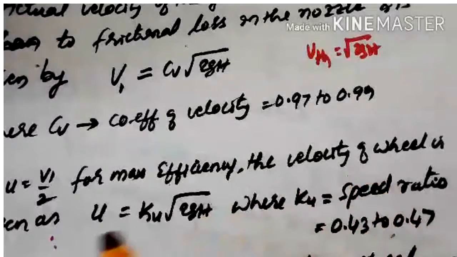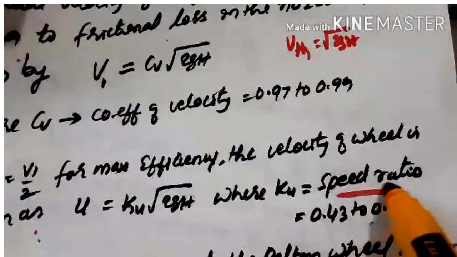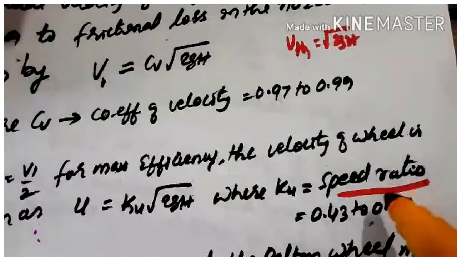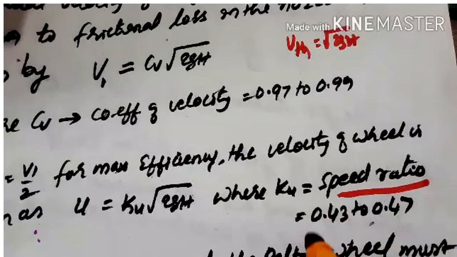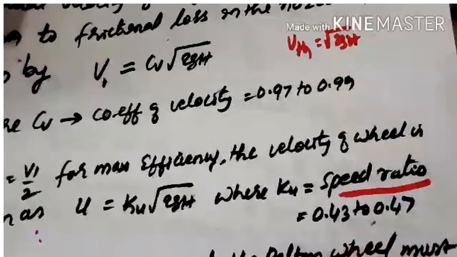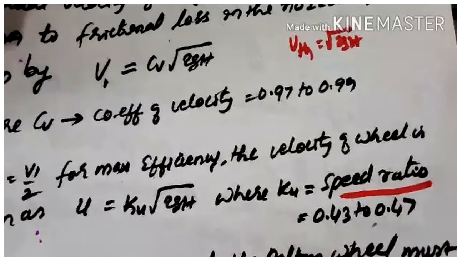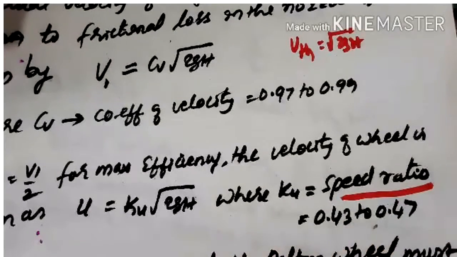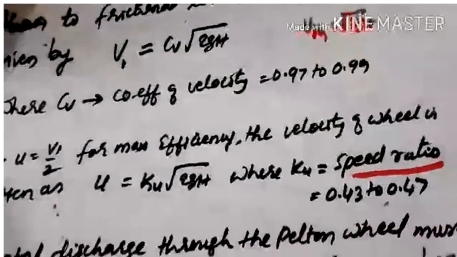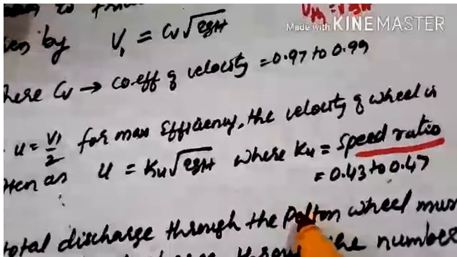Then the velocity of the wheel is written as U equal to KU root of 2GH, where KU represents the speed ratio. Theoretically the speed ratio is 0.5, but it is generally 0.43 to 0.47 because of some losses in the passage of the bucket. Hence the speed ratio can be taken as 0.43 to 0.47. This is another working proportion.